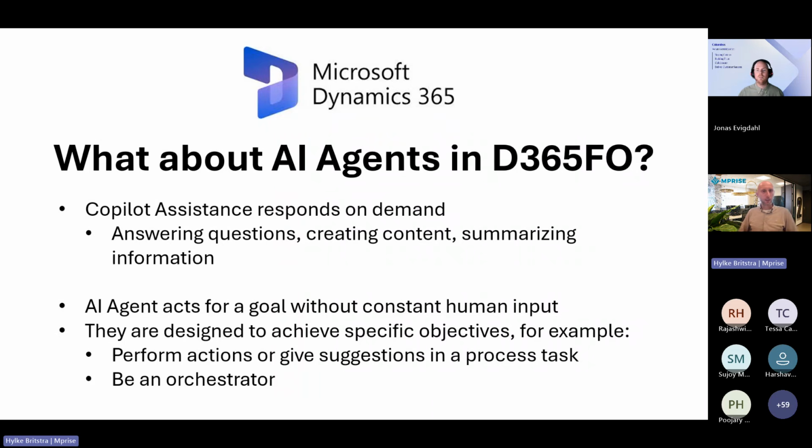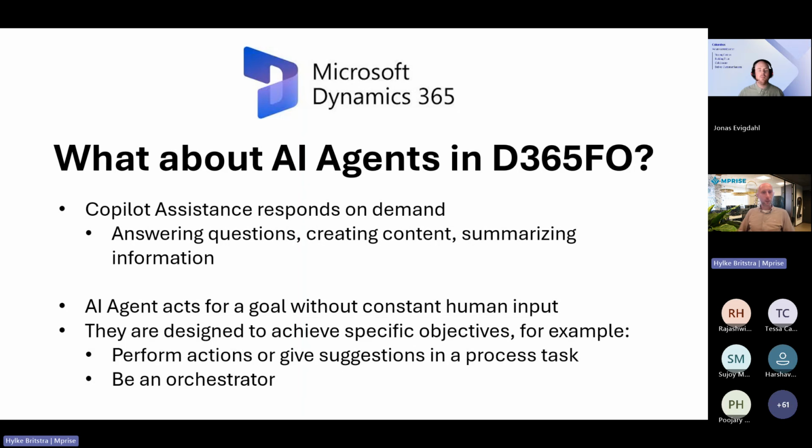Like the supplier communication agent that Jonas will present later in this webinar, it is created in the process of a vendor that responds to a purchase order, and makes sure that the response from the vendor will be managed and processed in F&O in the purchase order when that's possible. So the agent is really related to that supplier purchase process.